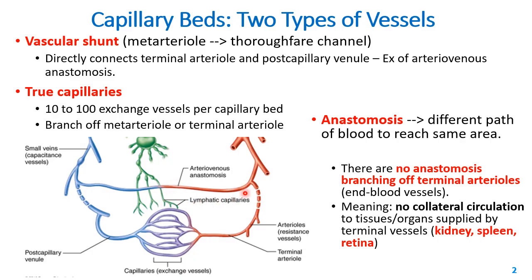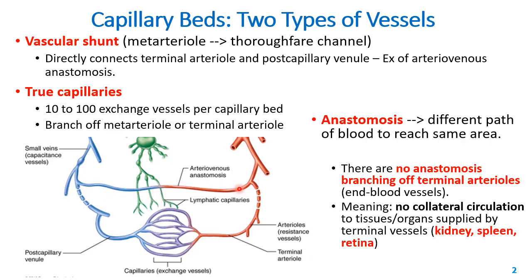So anastomosis is really important to certain organs that cannot really stay without oxygen and nutrients, like for example your heart and your brain. So anastomosis are really common in those organs. So here you see one tissue, one example of anastomosis.